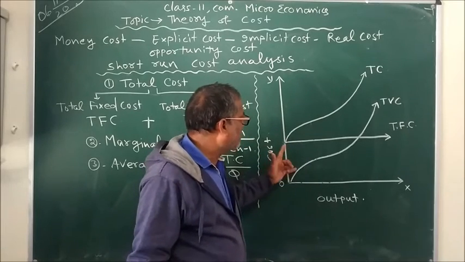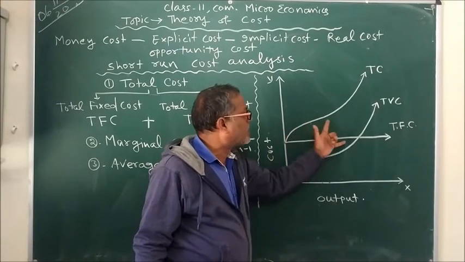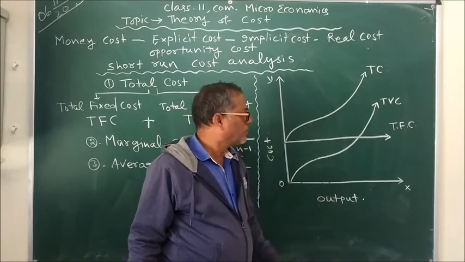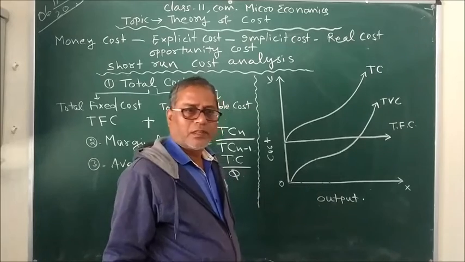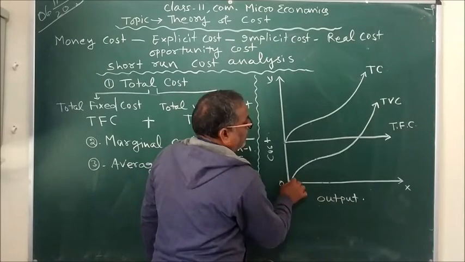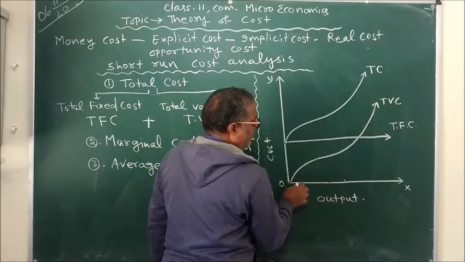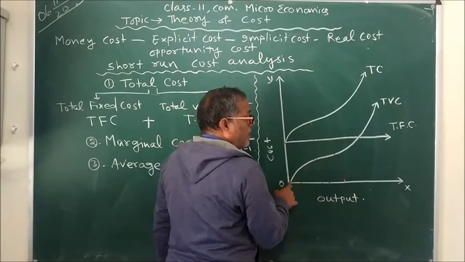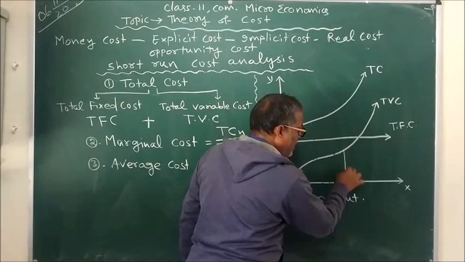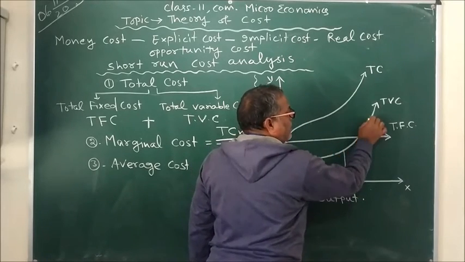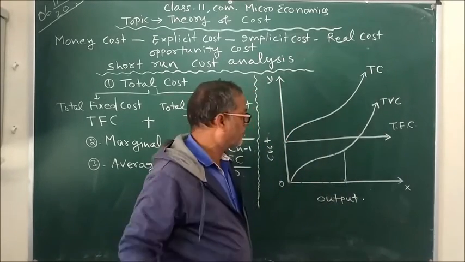And see the shape of both the curves, total variable cost and total cost. It indicates that in the beginning phase, it is increasing but at a decreasing rate, but beyond a point, it is increasing but at an increasing rate.